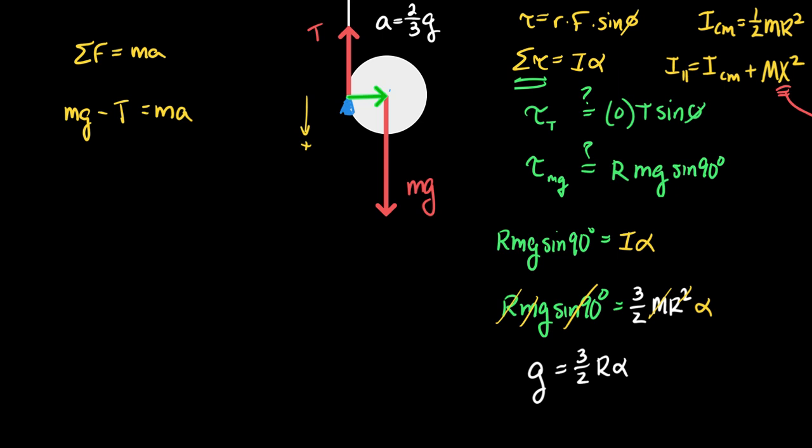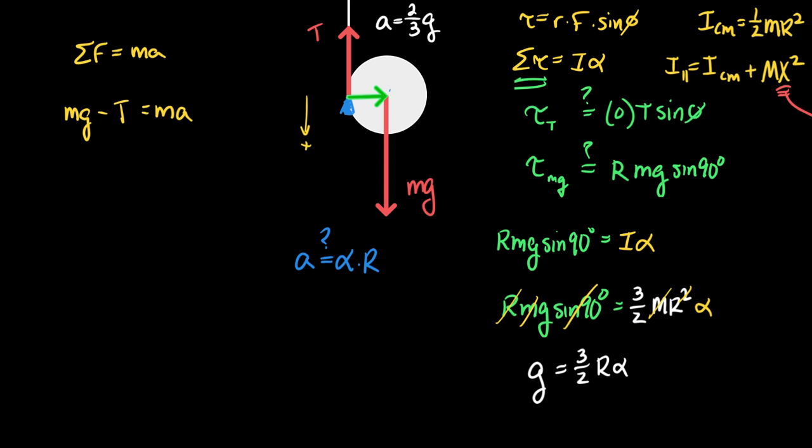Close, but not done, right? I've got to get rid of the r and the alpha. I want a. So here's where we need more information. Can you think of something that we could use here? Well, I want to get rid of alpha and be left with a. I have to ask myself, can I use this relationship?